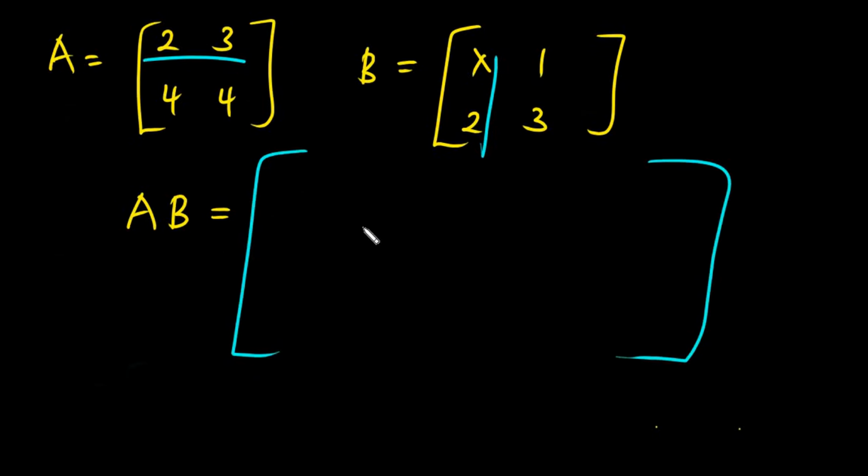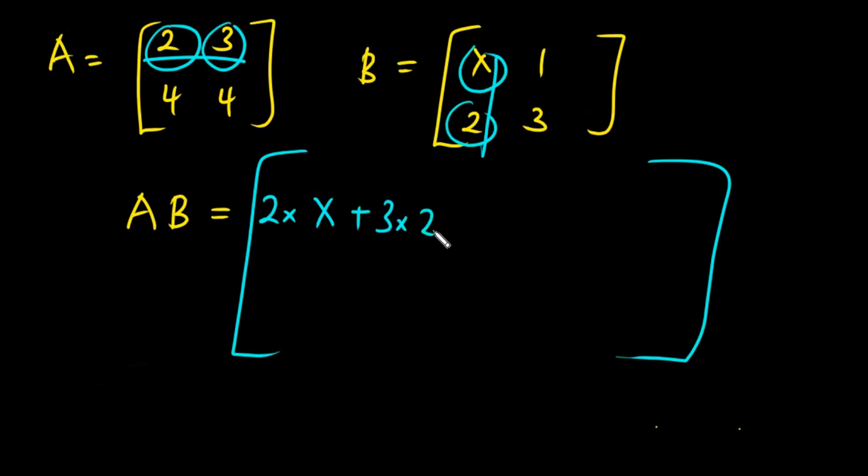The first element, of the first row and first column, is going to be 2 times x plus 3 times 2. The element of the first row and second column is 2 times 1 plus 3 times 3.